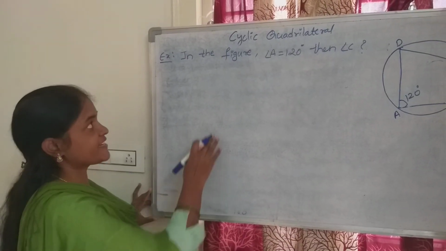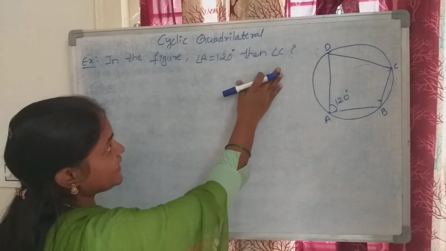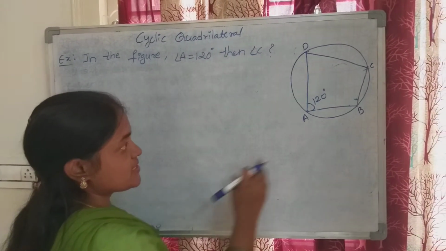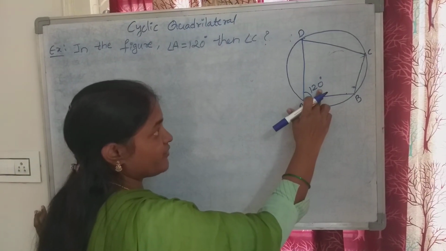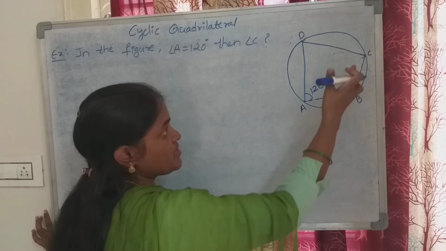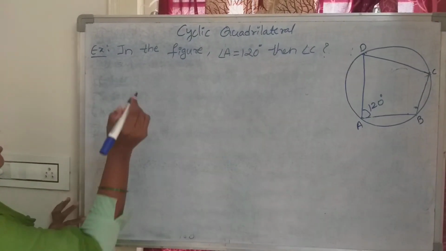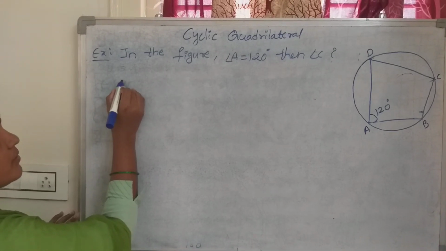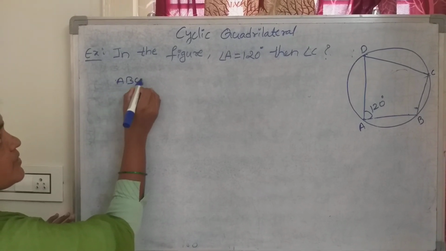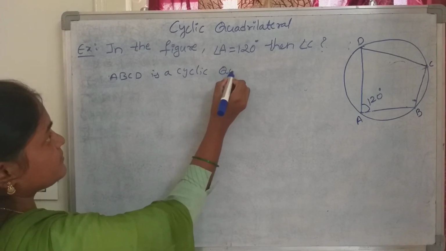Let us see one example. In the figure, angle A equals 120 degrees, then find angle C. In a cyclic quadrilateral, opposite angles are supplementary. ABCD is a cyclic quadrilateral.